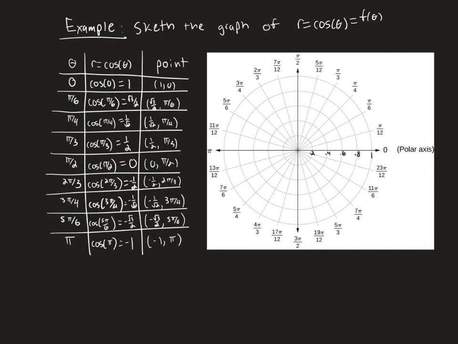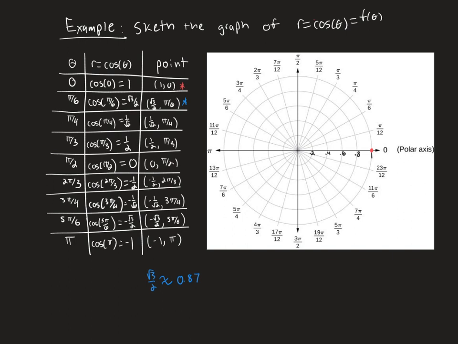I'm going to label this point 2, point 4, point 6, point 8, and 1 for our radiuses. And then we start out with r is 1 and the angle is 0. And then r is root 3 over 2, which is approximately 0.87.